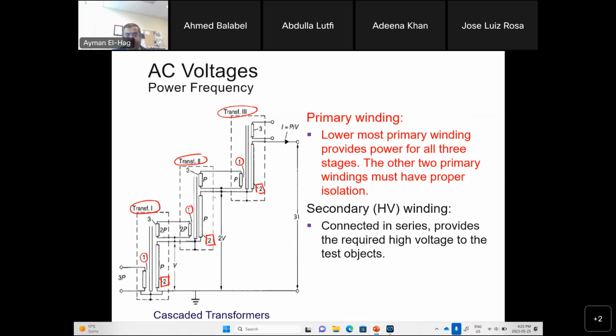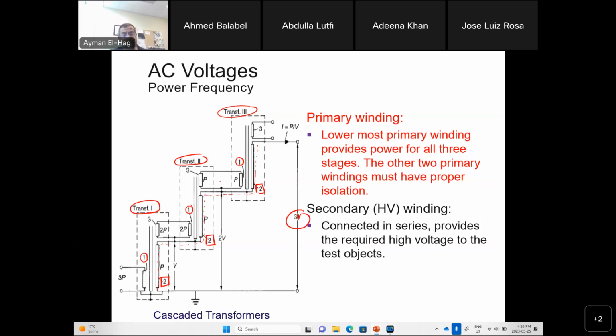The other transformer will also give you V, and because the secondary of the second transformer and the secondary of the first transformer are in series, the voltages are just added. This is 1V, this is another V, so you get 2V. The third transformer, same thing: another V here, also connected in series. So we'll have 1V, 2V, and your output will be equal to 3V.